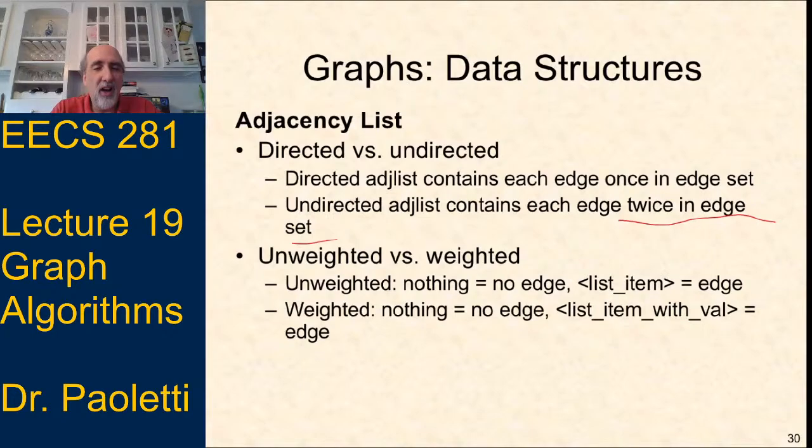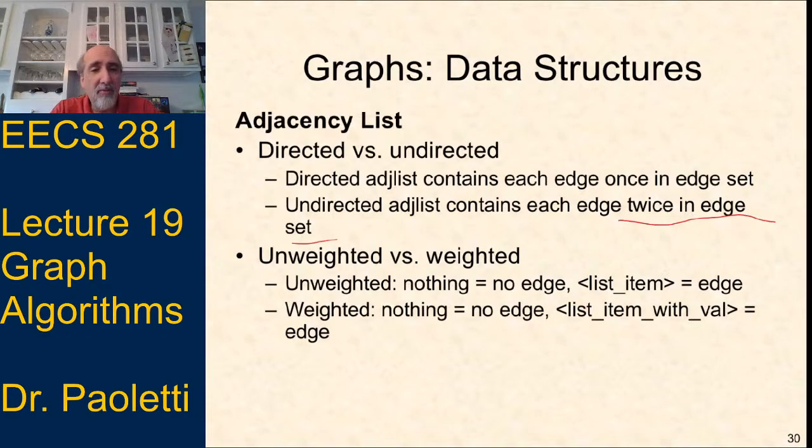With the unweighted versus weighted, though, it's really easy. In an unweighted graph, if there's nothing there, there's no edge, and if there is something there, there is an edge.